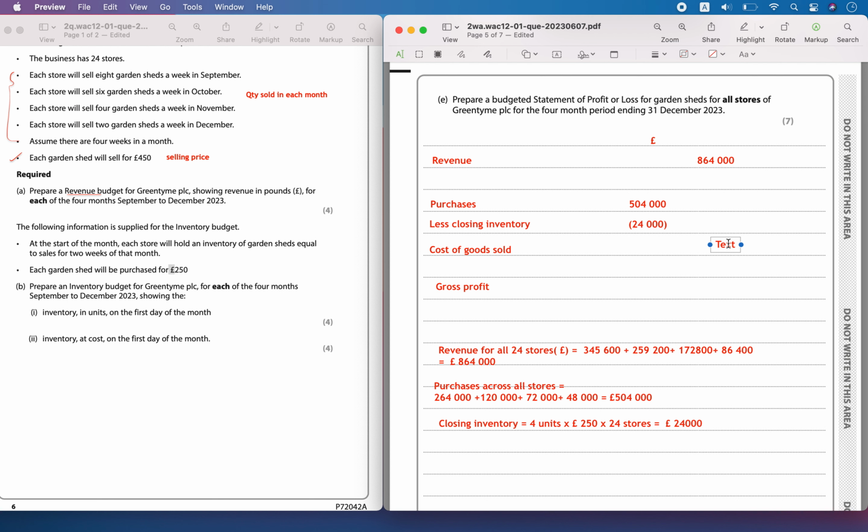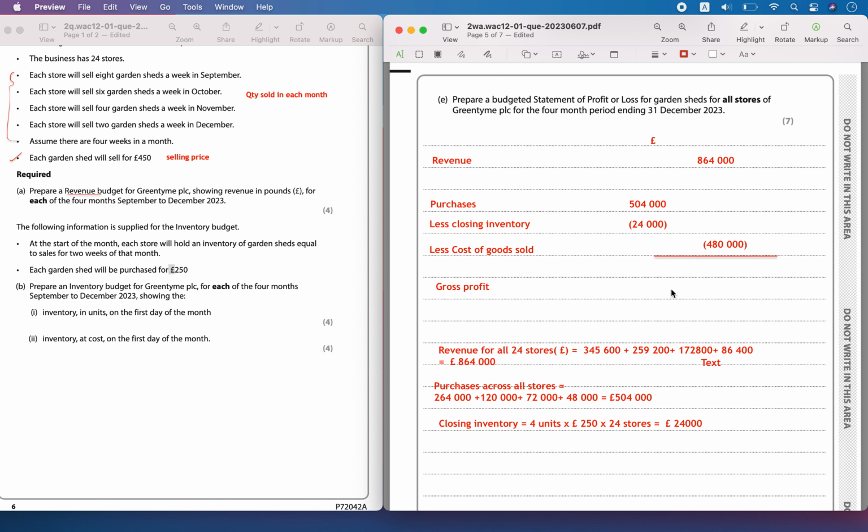So that is going to be equal to 504,000 minus 24,000. So that is equal to 480,000. 480,000 was the cost of goods sold. Now you have to deduct the cost of goods from the revenue to get gross profit.